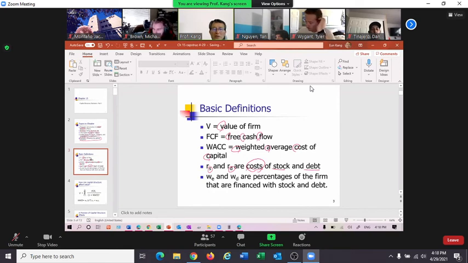So that's cost. And W means weight, so W means percentage, but that is weight. W stands for weight. So WE is stock weight. WD is debt weight. Just that is the review. Okay, we've been using that.